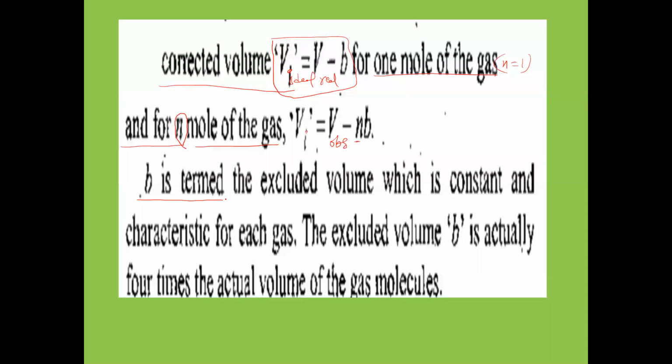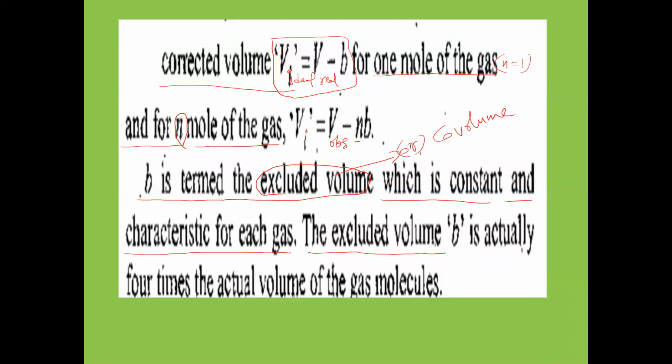b is termed the excluded volume, or we can say co-volume, which is constant. The b is constant and characteristic of each gas. That means b for a particular gas is a particular value, but for different gases b values will be different.